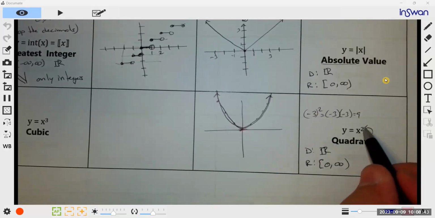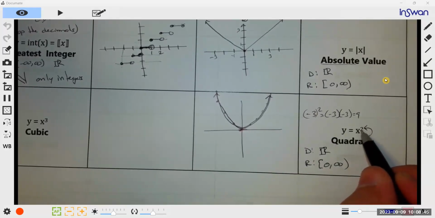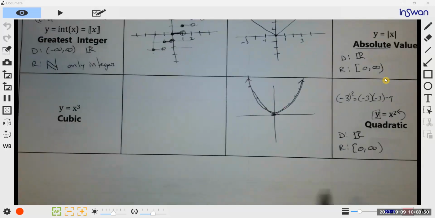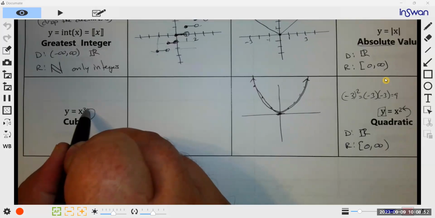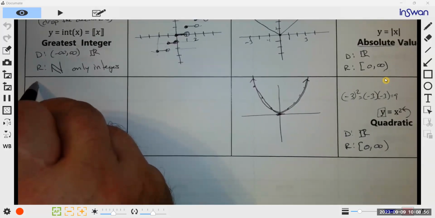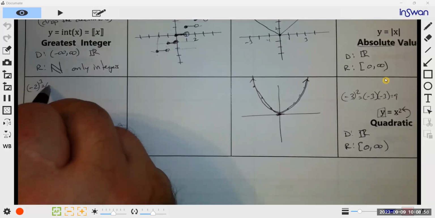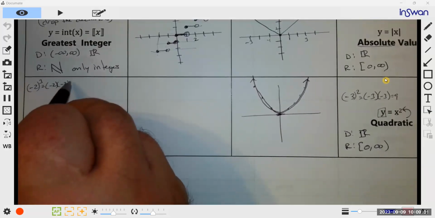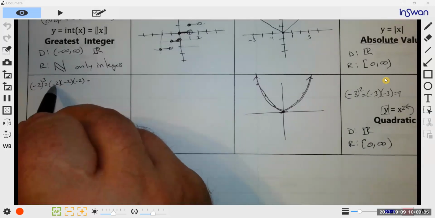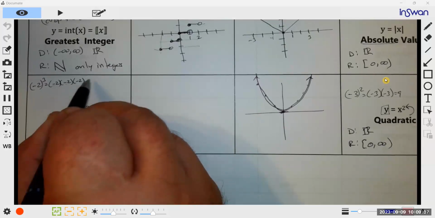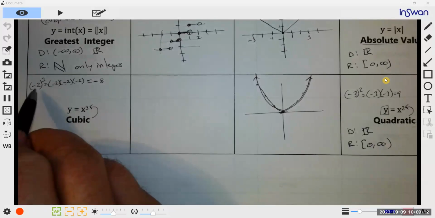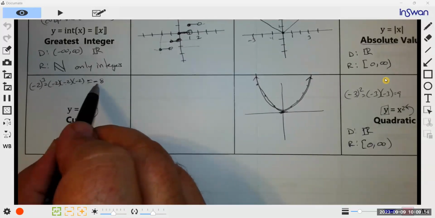Because if the exponent is even, this can never be negative. But if it's odd, in other words, negative 2 cubed is negative 2 times negative 2 times negative 2. Negative times negative is a positive, positive times negative is a negative, so it's negative 8. So if the x is negative, the y is negative.